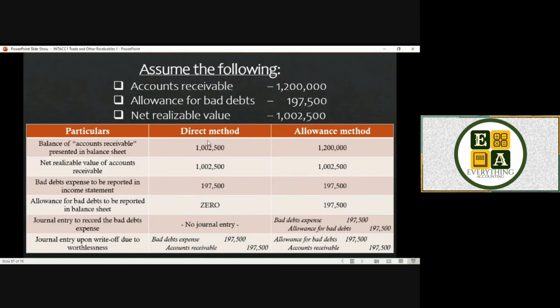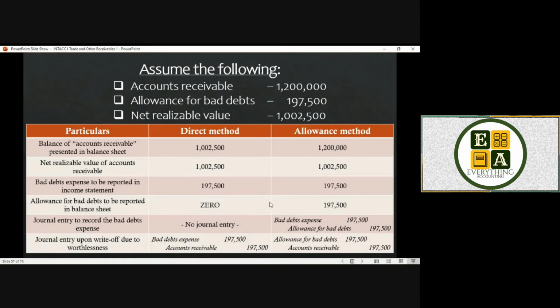Kung doubtful pa lang, wala kang entry kung doubtful. Pero si allowance method, meron. Pero kung write-off na, both direct method and allowance method, merong entry. But yung difference sa entry, yung debit mo sa direct method is bad debt expense, but for allowance method is allowance for bad debts. Yung credit, ganun pa rin, accounts receivable.